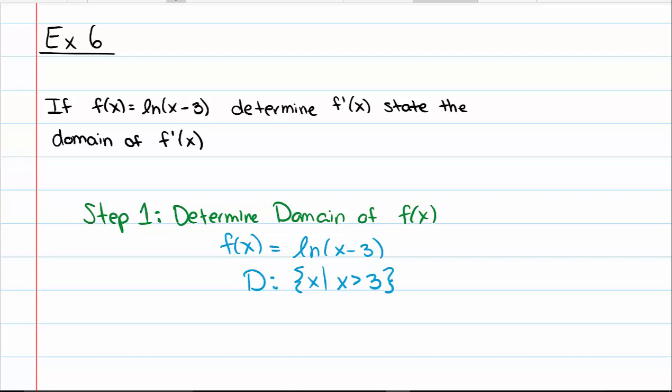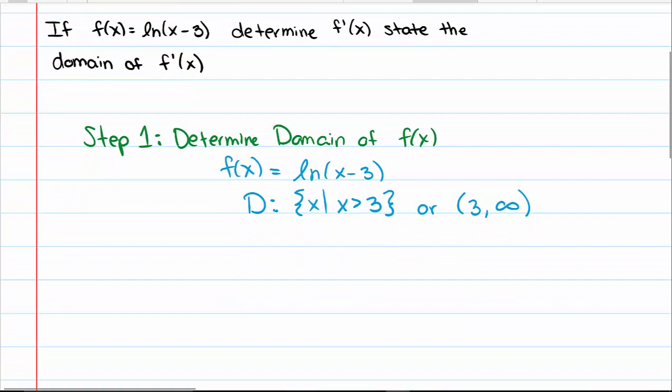This is because if you plug in 3 or anything less than 3, you're going to get 0 or a negative, which you cannot take a natural log of. So another way to write this would be 3 to infinity inside parentheses, which is interval notation.